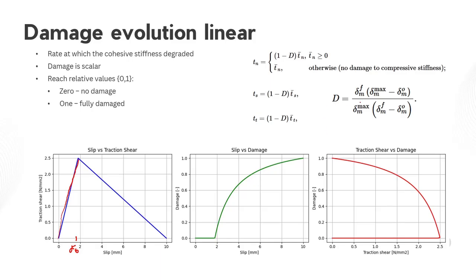Why? Because delta max, which is the slip at each point that I will create, delta m max, is in the denominator. So it means there is a 1 divided by delta m max.